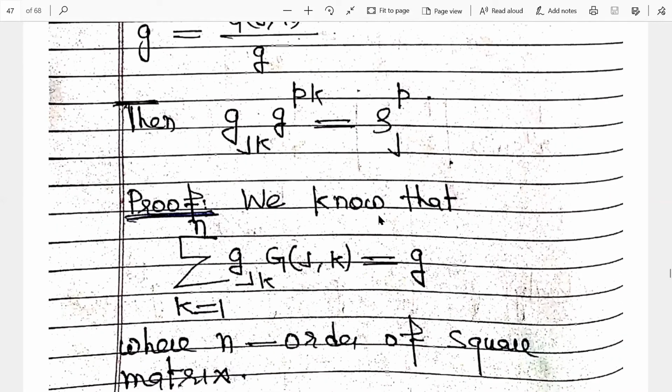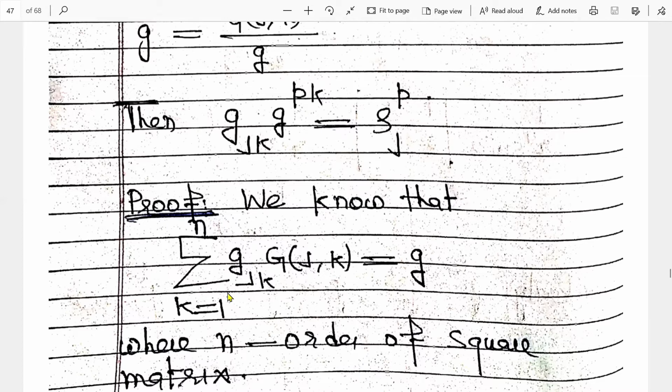Now, by definition of determinant, how can we find the determinant? Suppose we expand by the first row, then we can find the determinant: first element of a row into its cofactor, plus second into its cofactor, plus third into its cofactor, that is equal to the determinant.